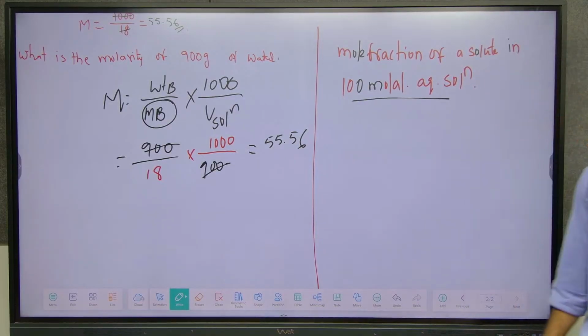Okay, so what is the question they have made here, one sec. Mole fraction of a solute in 100 molal aqueous solution.